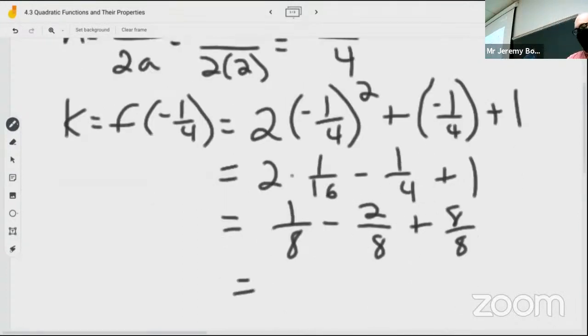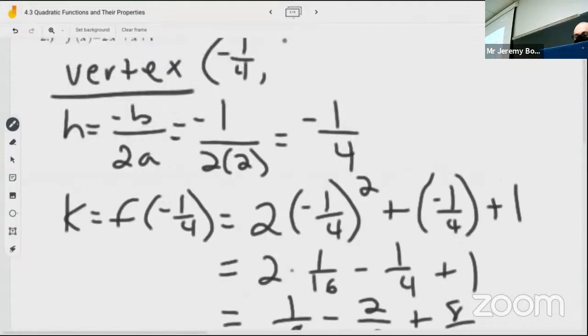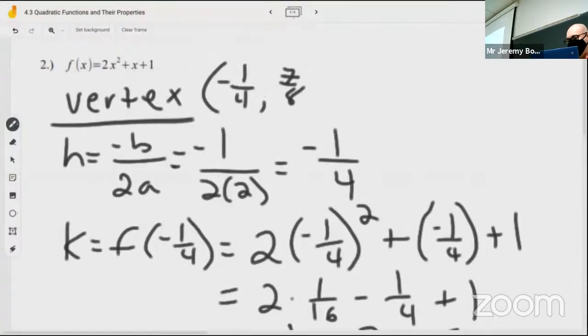And we'll have 7 over 8, because 1 minus 2 is -1, plus the 8 is 7. So my k value is 7/8. If you get a fraction, it's fine, don't freak out. Just work it out. It's not gonna help us with graphing it much unless they break up the graph.